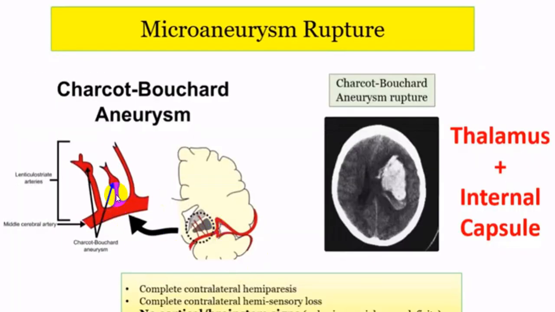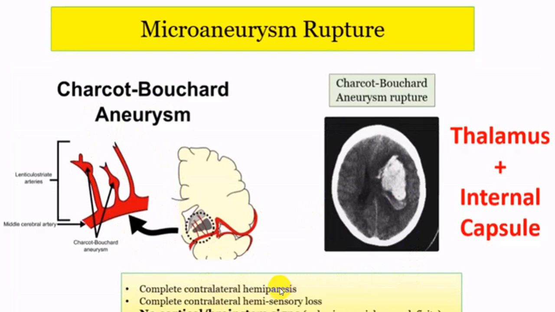So you can have a rupture of this aneurysm called Charcot-Bouchard aneurysms, which can rupture, and you can see this. This is a hemorrhage which has taken place.